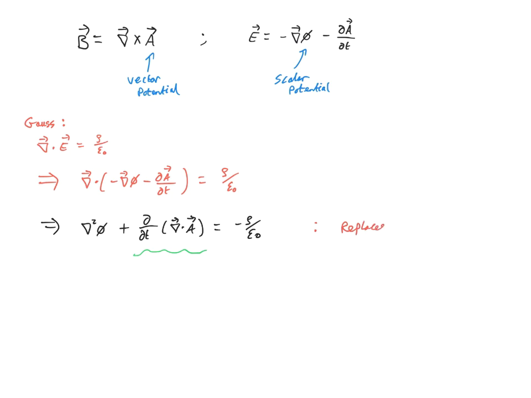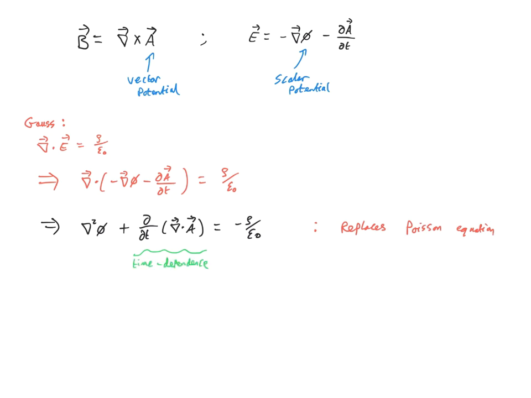And this replaces the conventional Poisson equation in electrostatics that we studied in previous lectures. In this case, we have this additional time-dependent term here. In the static limit, this term would disappear, and we'd get the usual Poisson equation that we studied already in electrostatics.